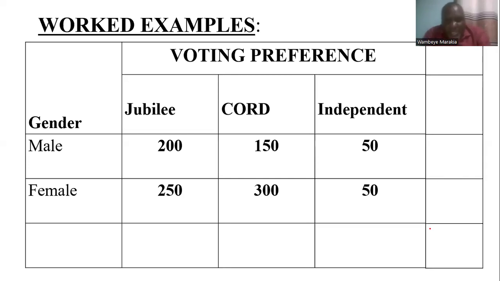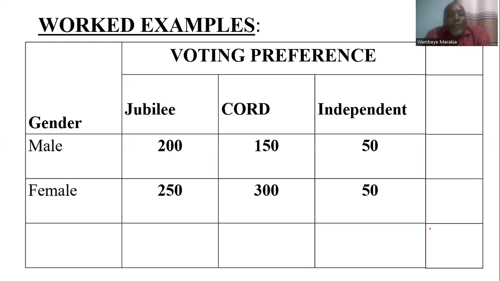In this, we get that the number of males who voted for Jubilee were 200. The number of males who voted for CORD were 150. The number of males who voted for an independent candidate were 50. The number of females who voted for Jubilee were 250.